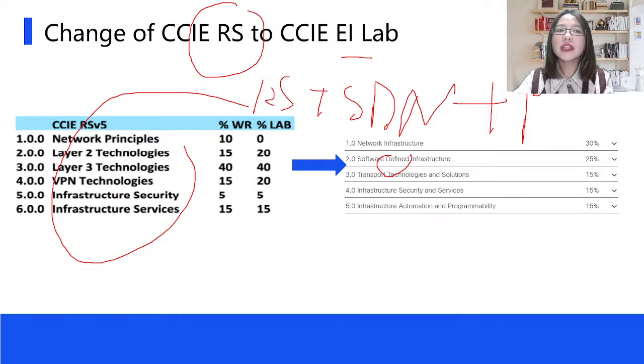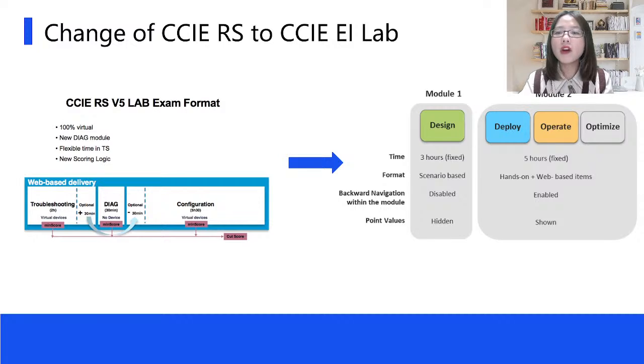And the positioning requirement for network engineers has become higher. So instead of having one module as the old CCIE Route and Switch did, the new exam has two modules, mainly divided into design and DOO. DOO includes deployment, operation, and optimization.